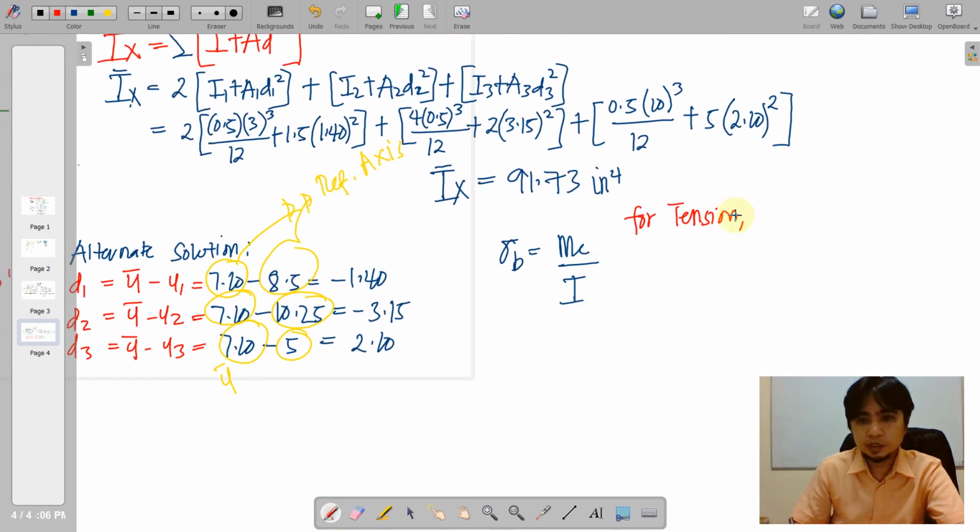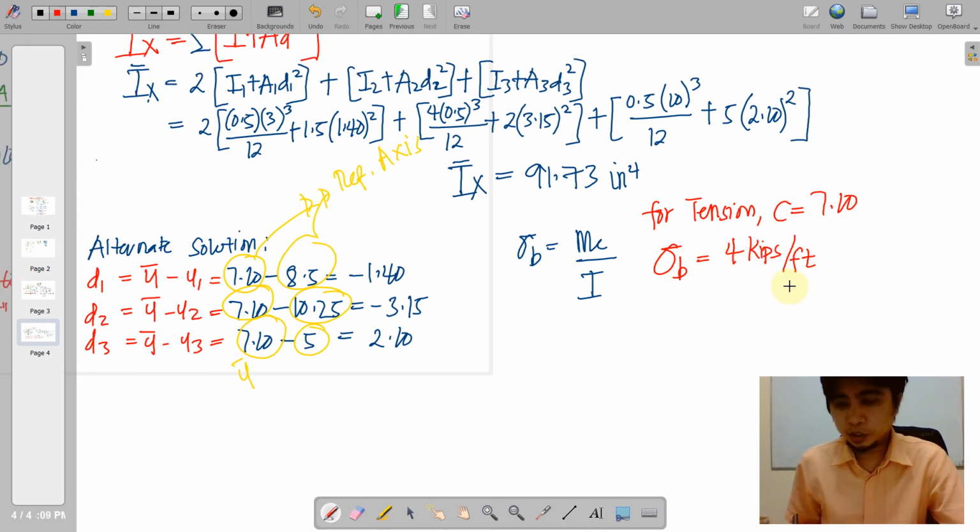We can place it here. C is equal to 7.1, and the moment is 4 kips per feet. So we need to express this in inches first.